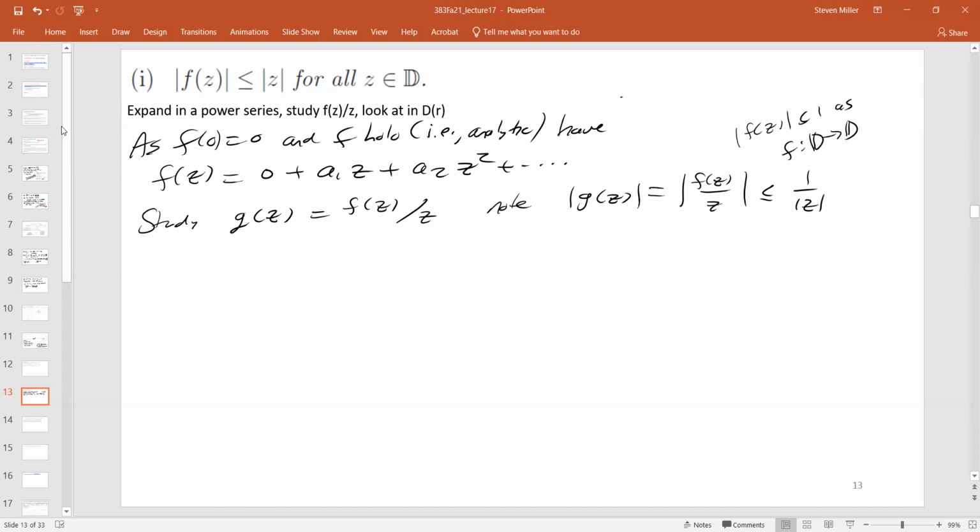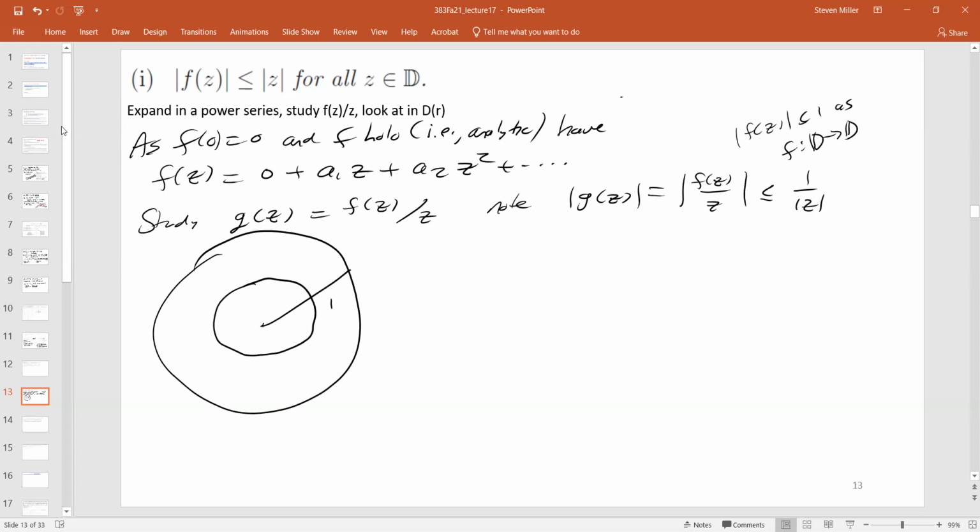Now, what we do is the following. So here is our circle of radius 1. And what we do is we look at circles of radius r, and we keep expanding r. We keep pushing the radius up. And we look at what's going on on circles of radius r.